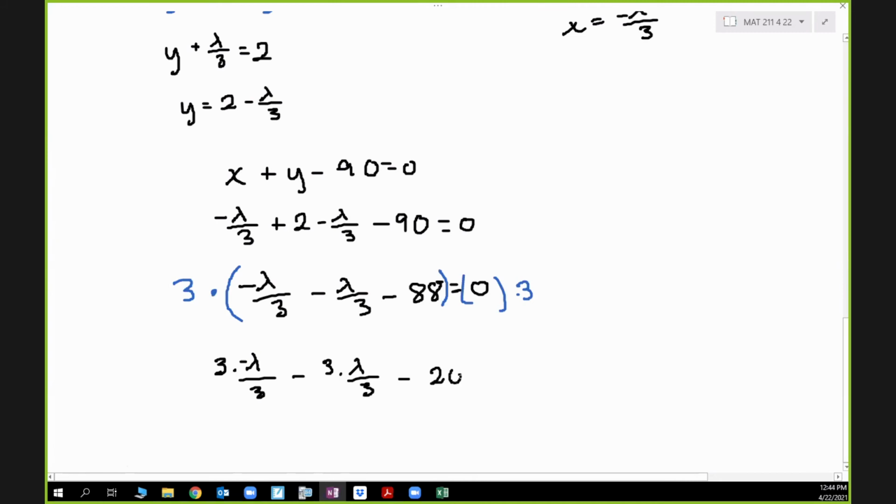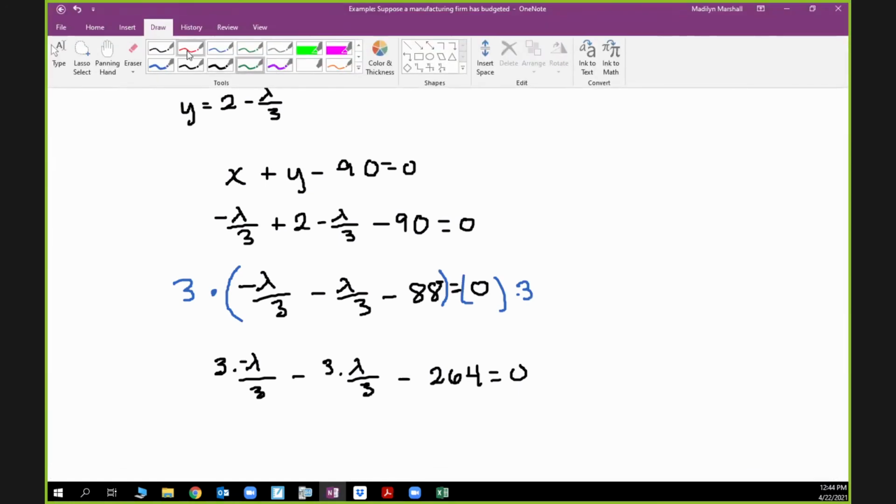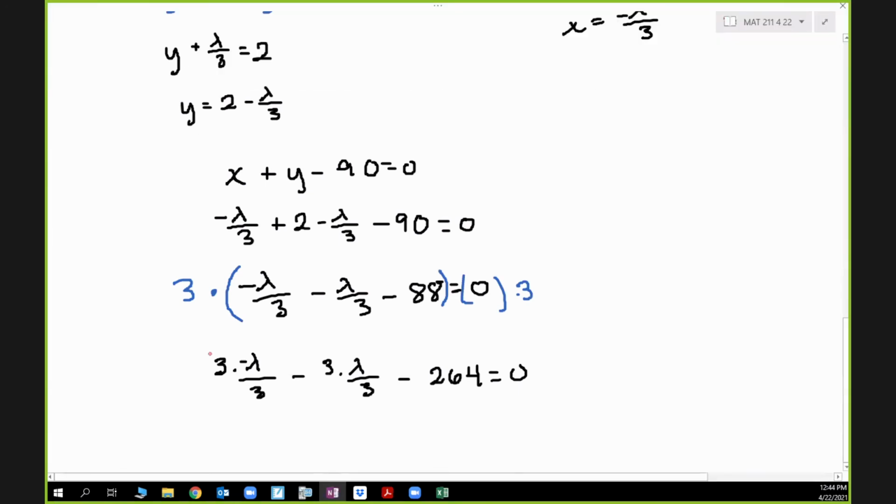240, 260, 264. Yeah. And all of those denominators now cancel.